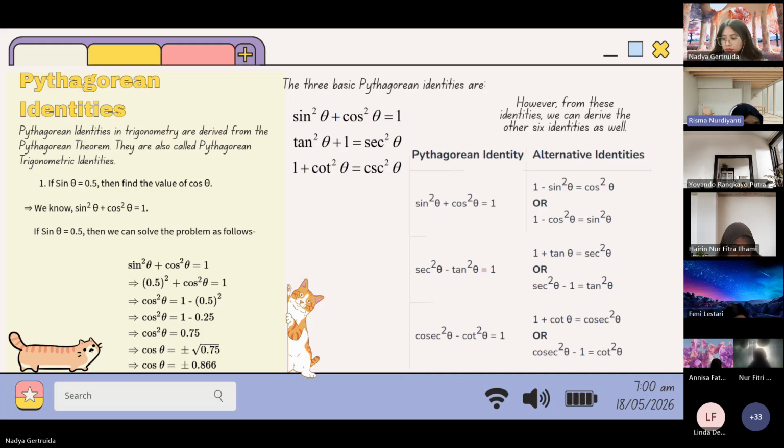So cosine square theta equals 0.75. Then cosine theta equals plus or minus the square root of 0.75. Cosine theta equals plus or minus 0.866.